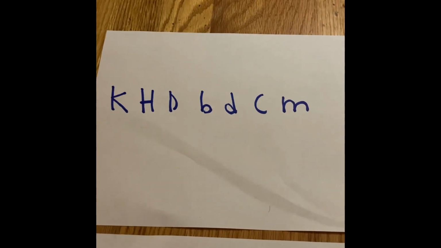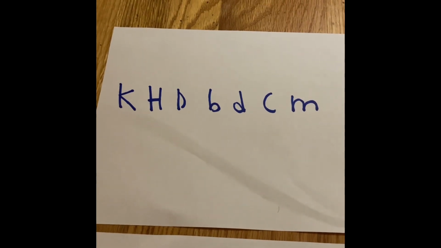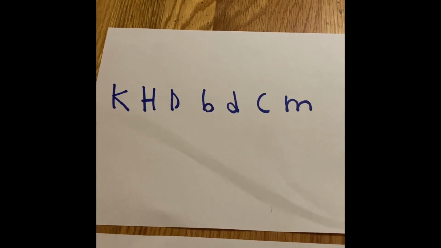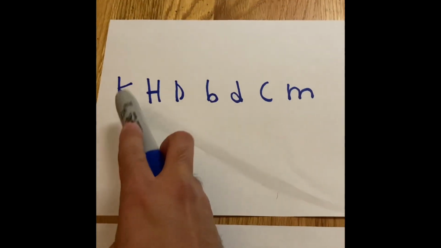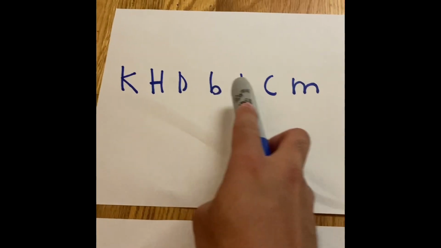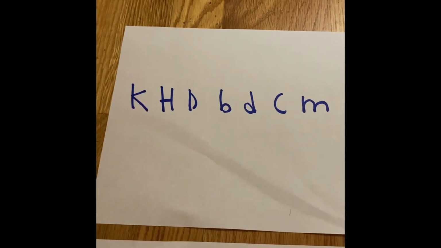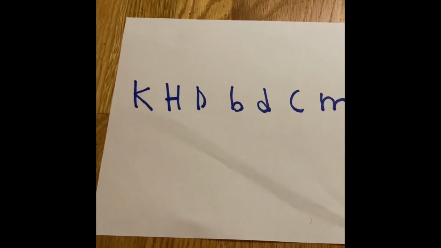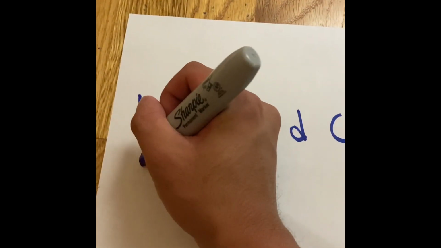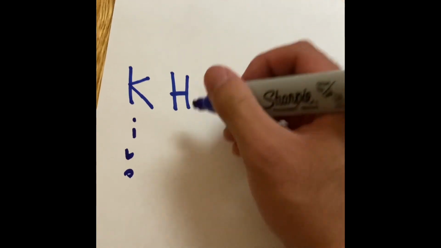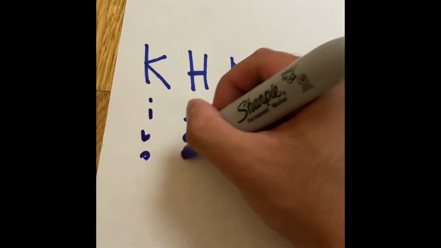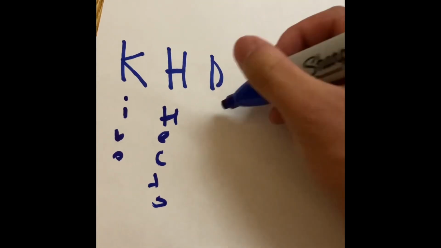To understand the metric system, there's an easy way we can convert from one thing to another. We have King Henry died by drinking chocolate milk. That is basically the acronym for kilo. This is hecto. This is deca.